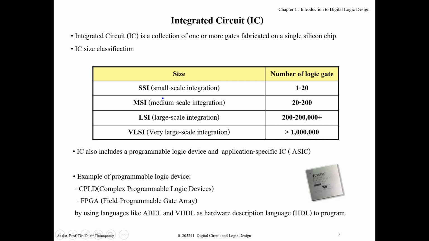If the IC contains around 100 logic gates inside, it is medium scale, and 10,000 or more is large scale integration, and if it's more than a million, it's very large scale integration, or VLSI.